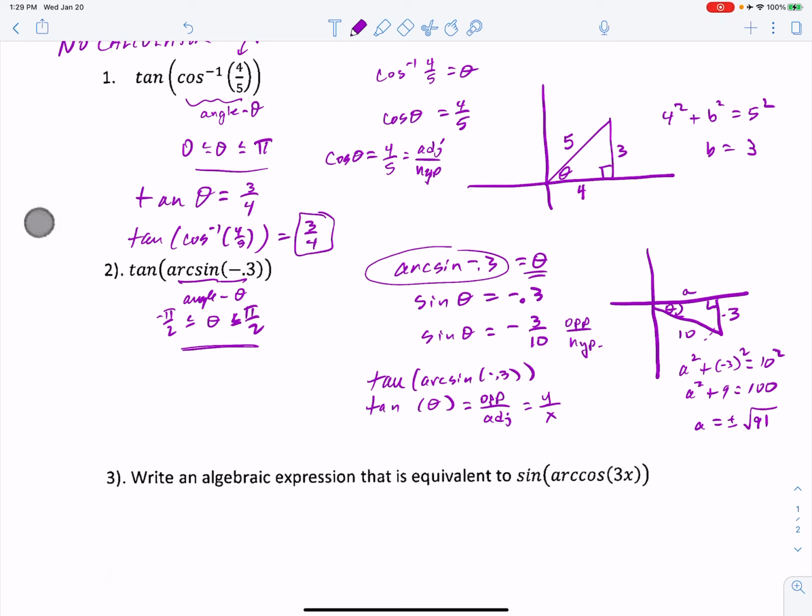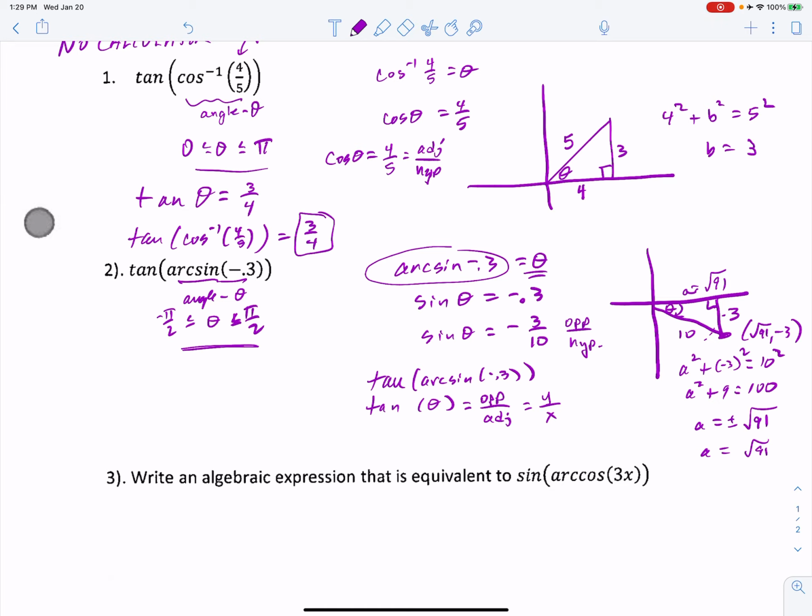But since A is corresponding with that adjacent side, A is going to have to be the positive because that's what would work with the triangle being in quadrant 4. So this is going to be a positive square root of 91. So this point, we're not on the unit circle because the radius is 10, but this point would be square root of 91 comma negative 3 on that triangle.